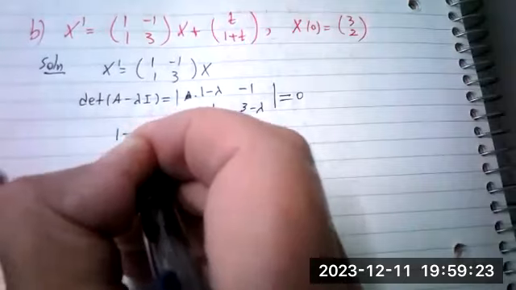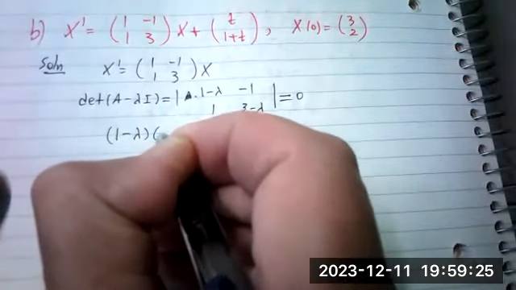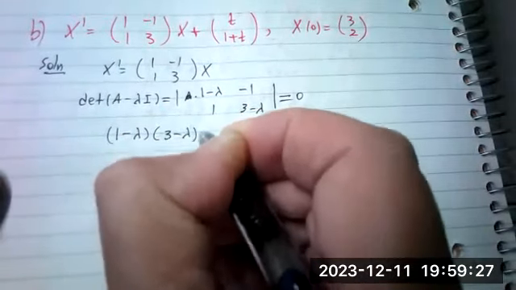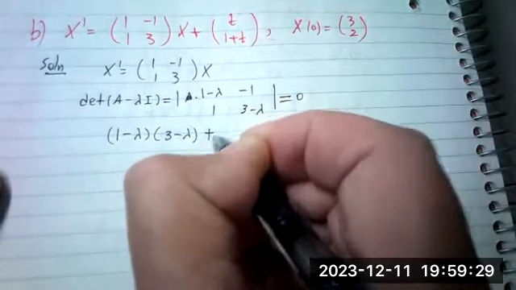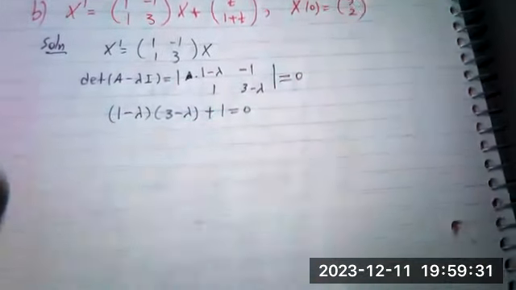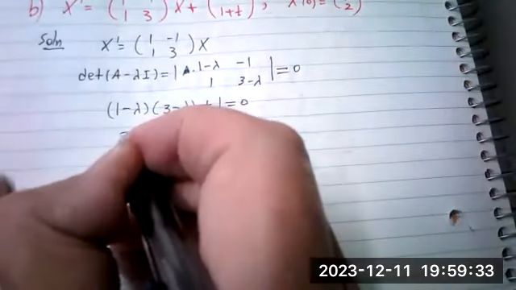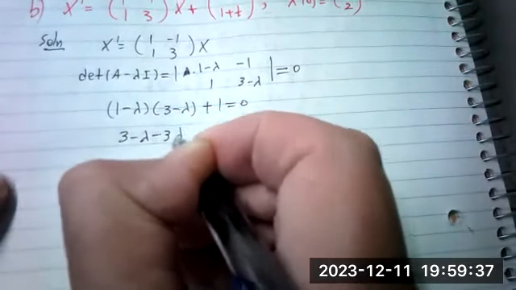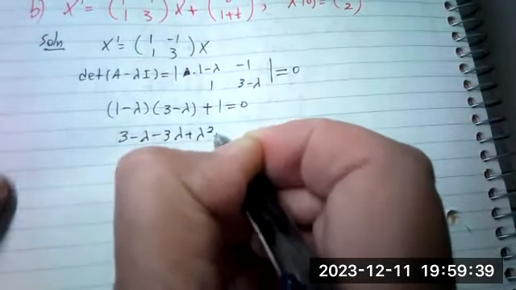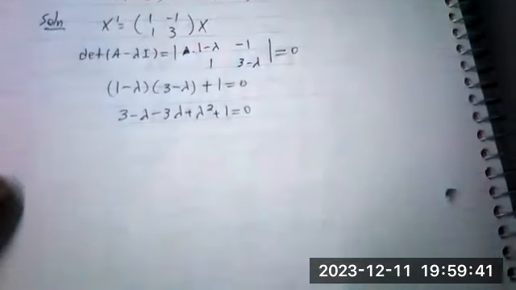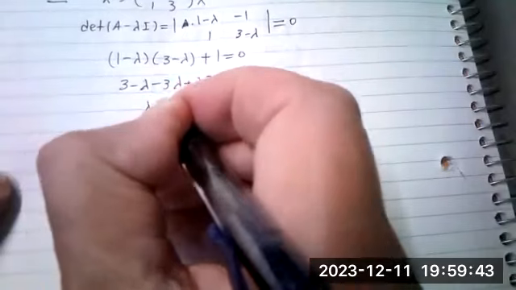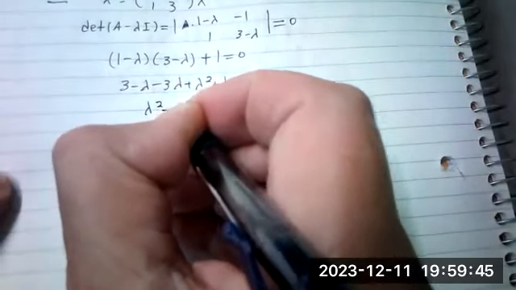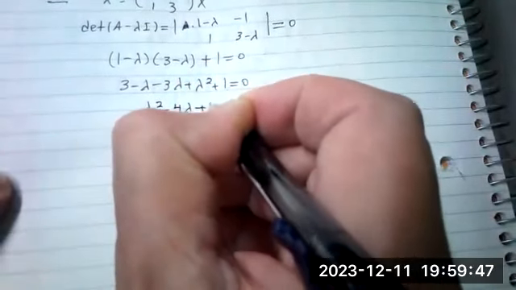Cross multiply: 1 minus lambda times 3 minus lambda, minus, we get the negative and positive, so that would be 3 minus lambda, and then lambda squared plus 1 equal to 0. So it's going to be lambda squared minus 4 lambda plus 4.